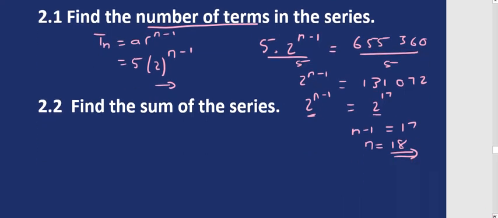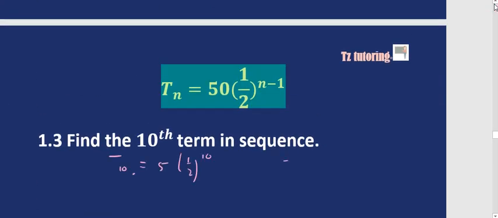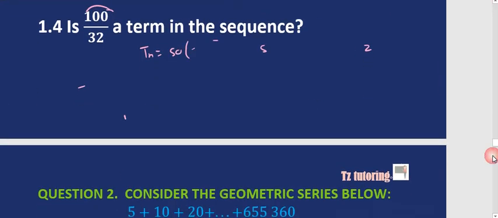To find the sum, we use the sum formula. There's only one for geometric series, and again, it's given in the formula sheet. We know that a is the first term, and the first term is, of course, 5.